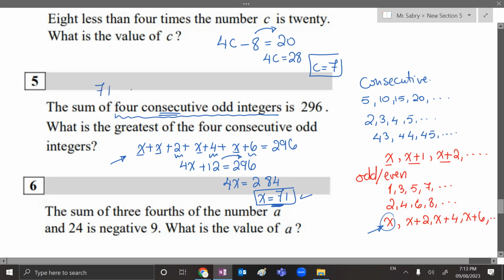If the first is 71, then after it 73, 75, and 77. So the 4th consecutive number is 77.